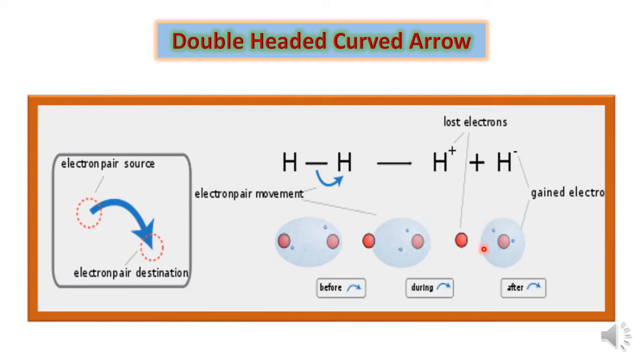You can see this hydrogen has two electrons present, and one electron is lost from the other hydrogen, therefore it is H plus, and this one is H minus because of the extra electron. So that is the significance of the double-headed curved arrow.